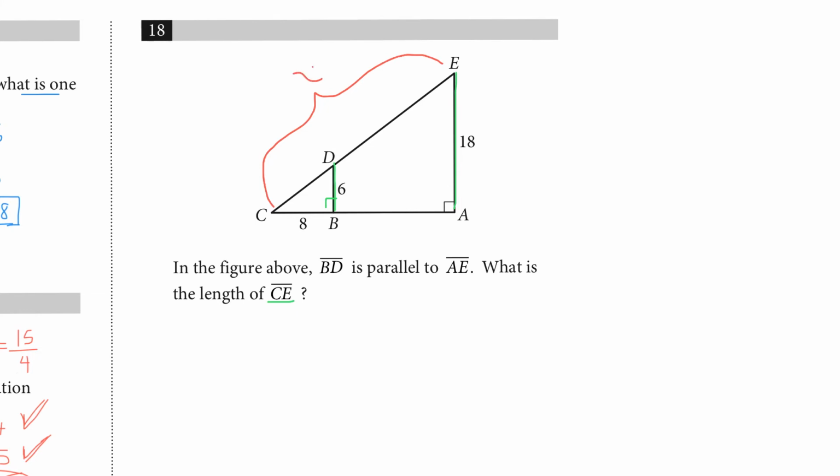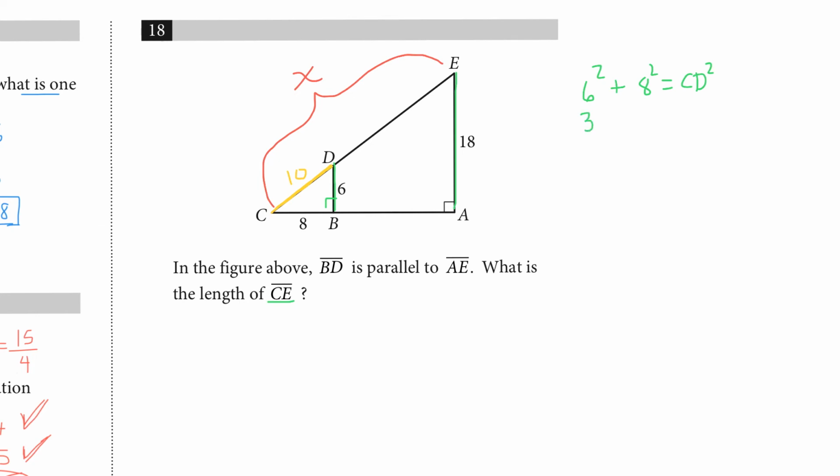So in this problem, let's call this X because we're looking for the length of CE. And in this little triangle, we know that CD is the hypotenuse for this little triangle. And you should know this is a 6, 8, 10 right triangle because we know that 6 squared plus 8 squared is equal to CD squared, which is the hypotenuse.